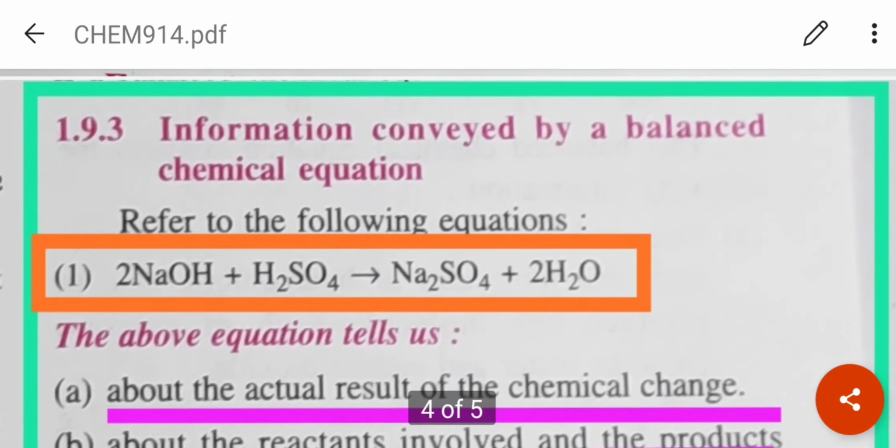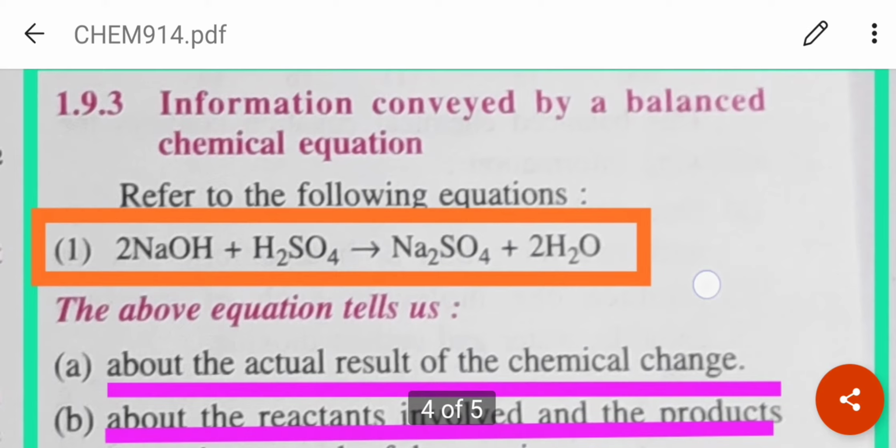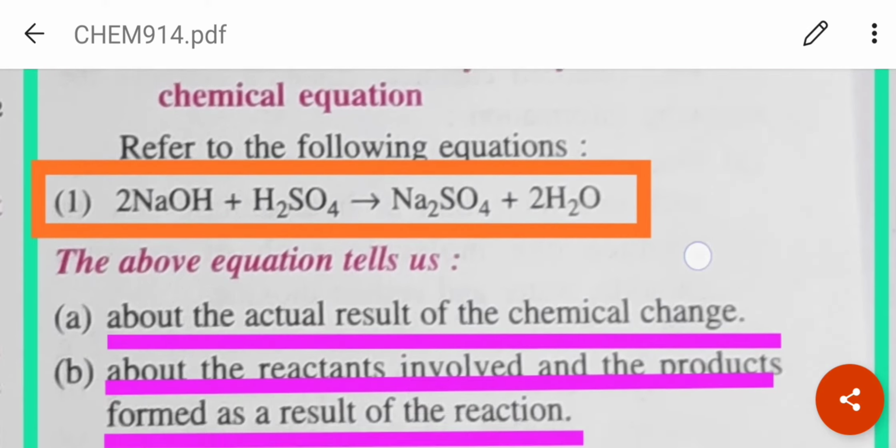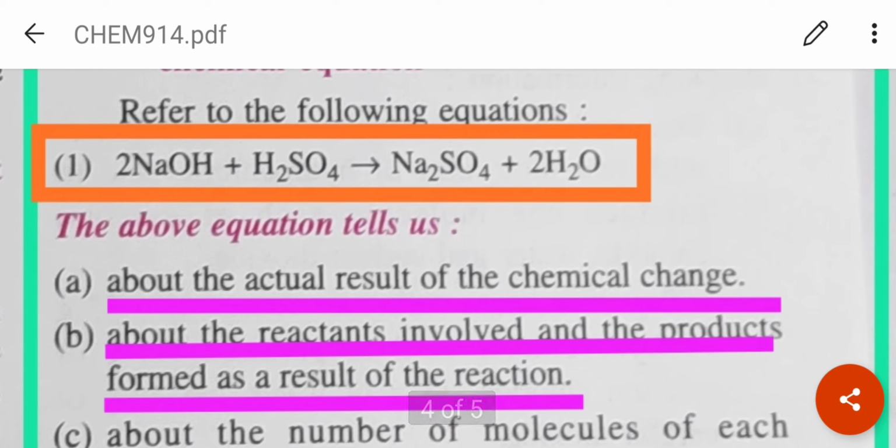Now, let us see what information is conveyed by a balanced chemical equation. Here is an example: 2NaOH plus H2SO4 gives Na2SO4 plus 2H2O.